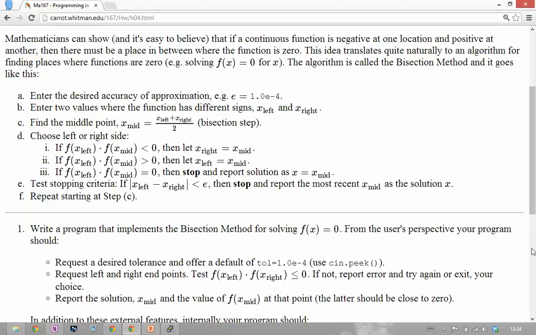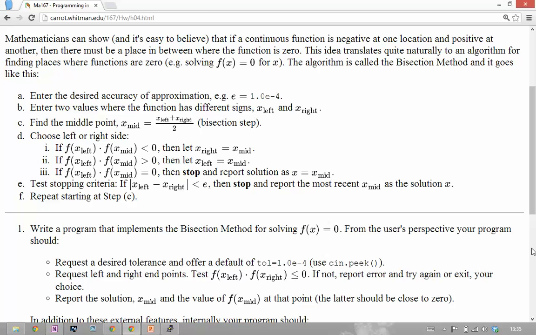It's not an accident that the bisection function at the bottom only has 3 arguments, because this algorithm only requires 3 external values in order to be well defined and run. And those external values are x left, x right, and the tolerance, E. So you feed those 3 values into this function, and now it's ready to go.